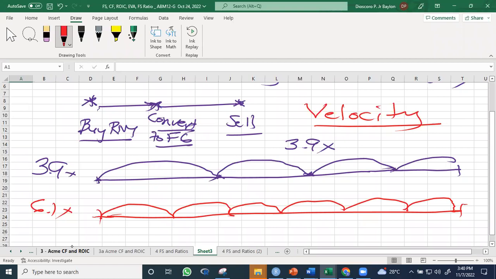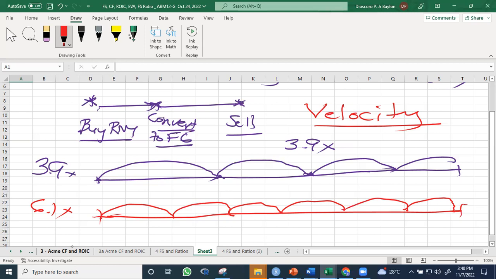So as far as the ITO is concerned, the higher the ITO, the better. The higher the velocity of turning over your inventory, the better. It means that you can produce faster and sell faster. That's why the competitor is able to do it 6.1 times a year, while Microdrive is only able to do it 3.9 times.